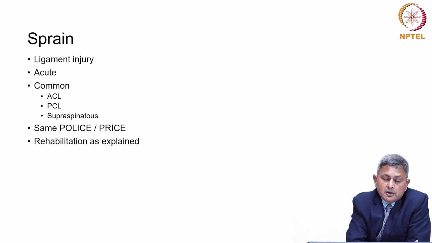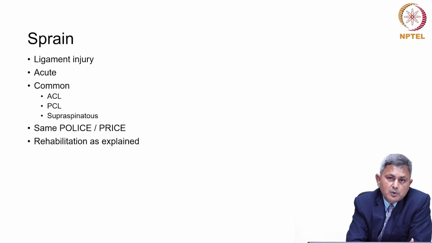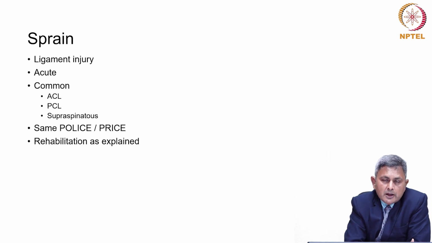But with a complete tear, there are some examples where an athlete is congenitally lacking his ACL, or anterior cruciate ligament, and he is performing at club level or at the international level. So with the help of muscle strengthening, these injuries can be overlooked.